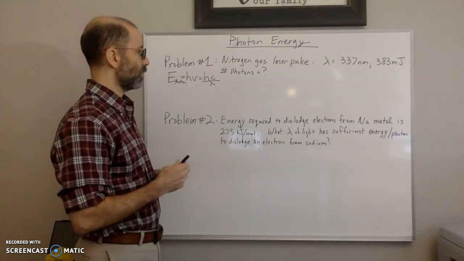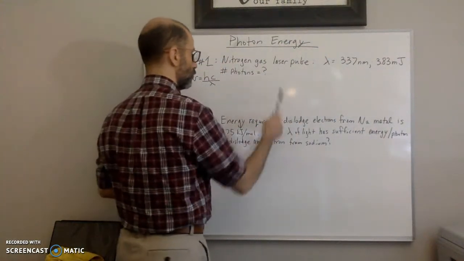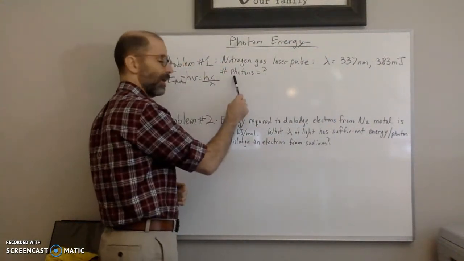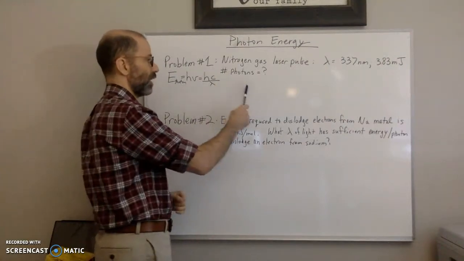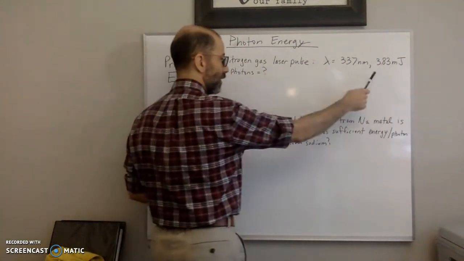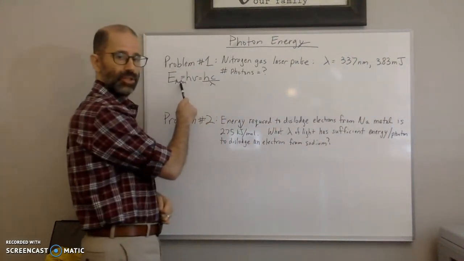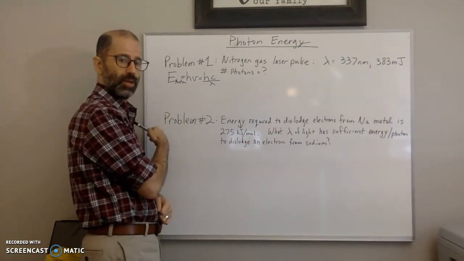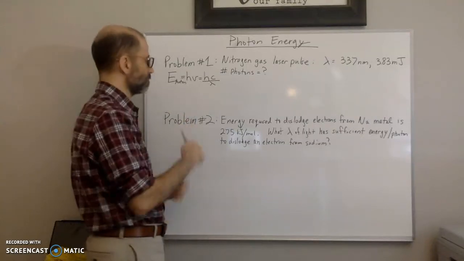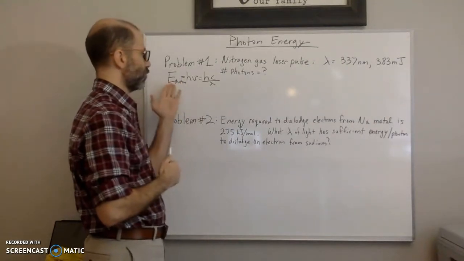We're given the total energy of the laser pulse, and we're trying to find the total number of photons. So in order to do that, you need to divide the total energy by the energy of one photon, and then you'll get your number of photons. So we've got to use this equation to find the energy of a photon.